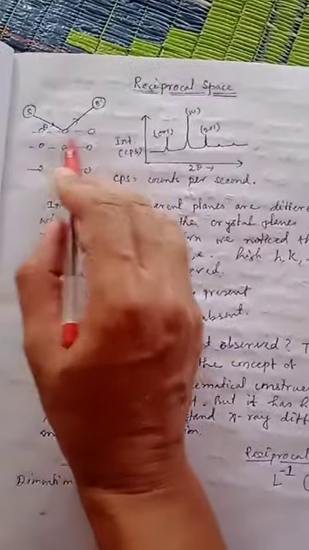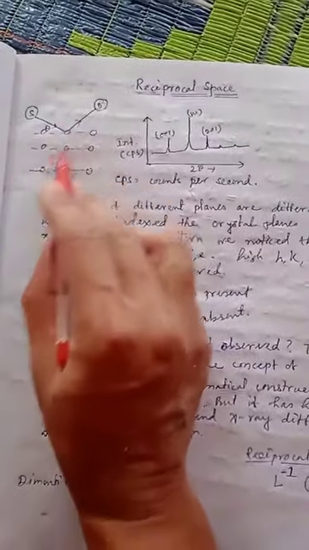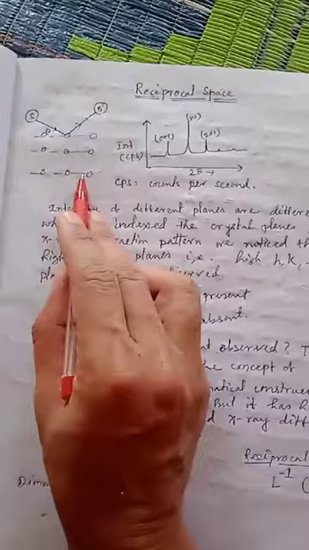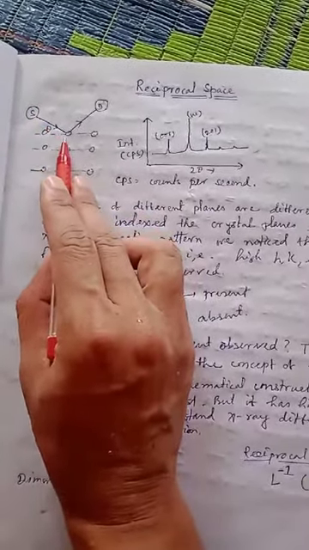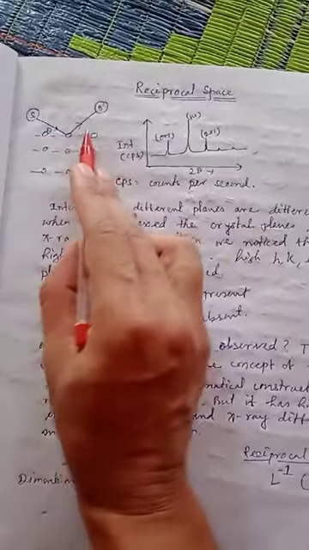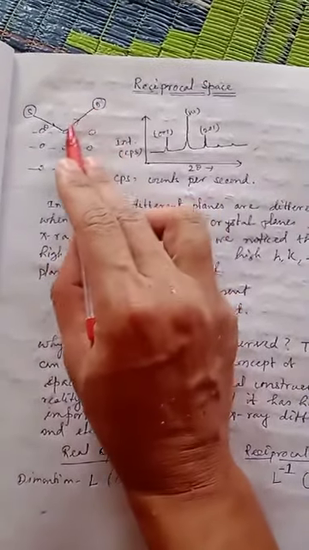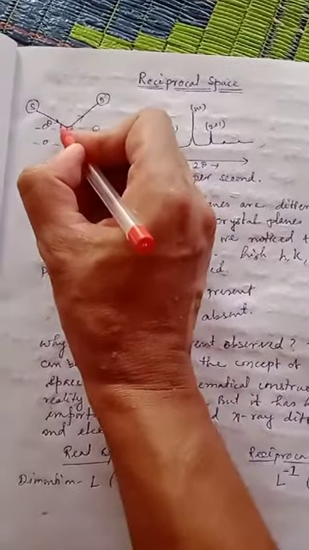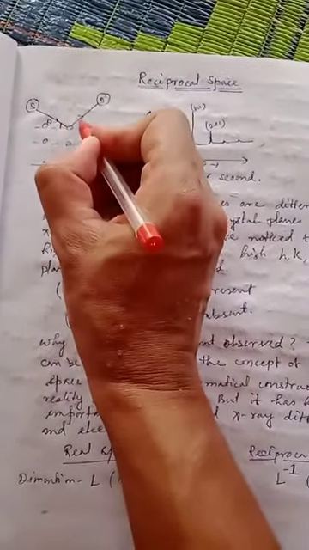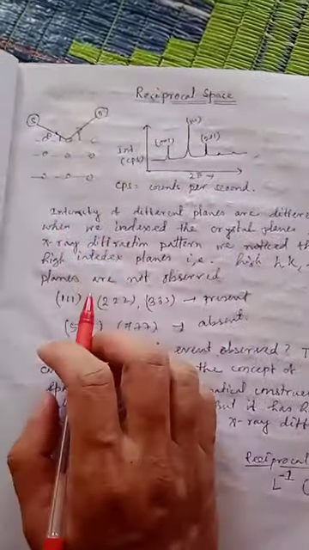Then we have crystallographic planes, like this is one plane, this is another plane, this is another plane. Now X-rays will come from a source and fall on the crystal plane and are diffracted or reflected, and this is our angle of incidence and angle of reflection or diffraction.